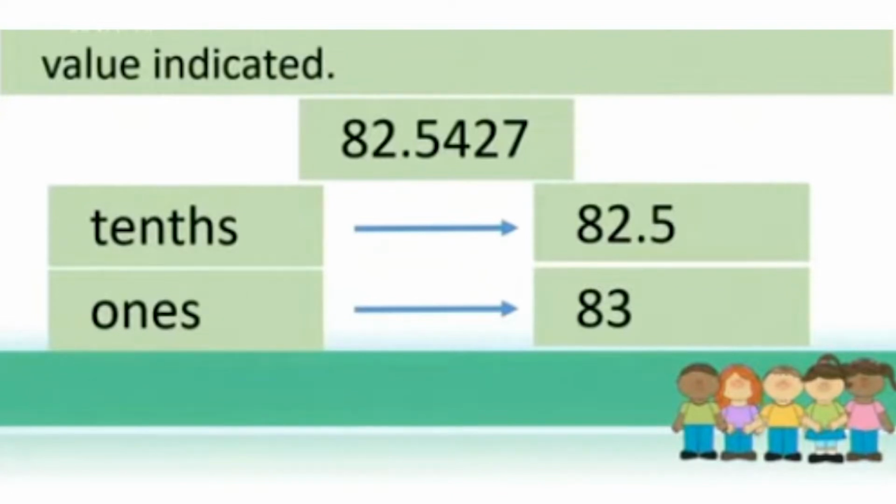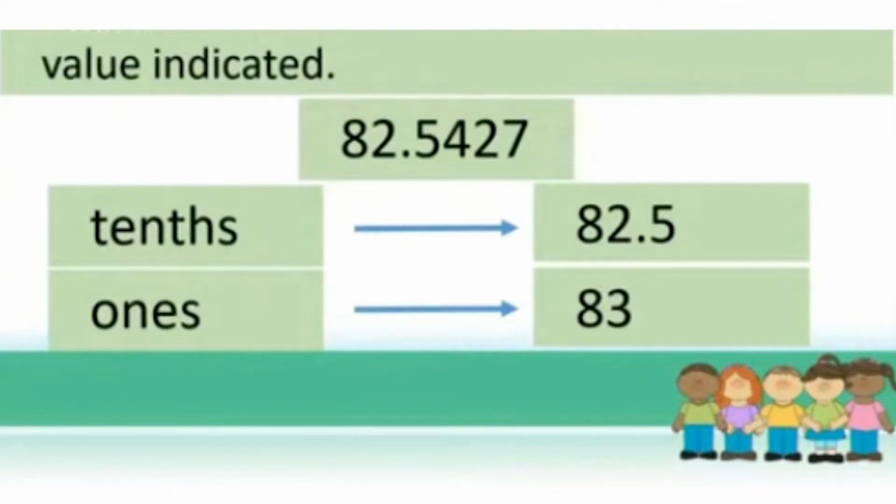So, round up. Add 1 to the rounding digit and replace all the digits to the right of the rounding digit with zeros. This means 2 in the ones place plus 1 is equal to 3. So the answer is 83.